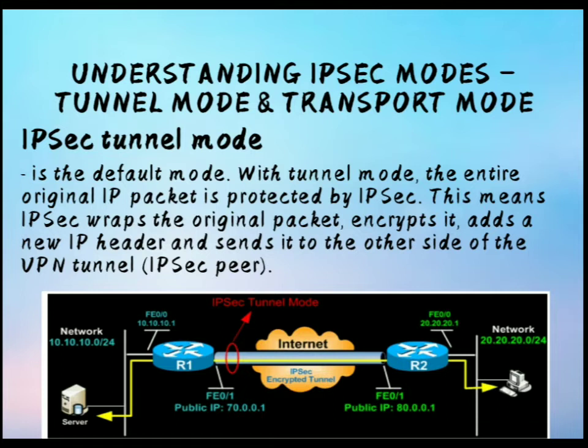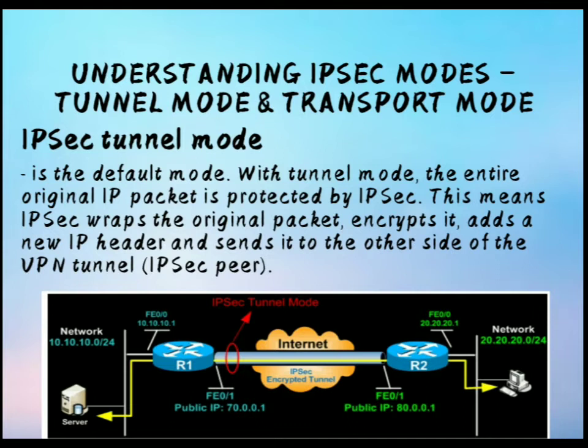When we say IPsec tunnel mode, it is the default mode. With tunnel mode, the entire original IP packet is protected by IPsec. This means IPsec wraps the original packet, encrypts it, adds a new IP header, and sends it to the other side of the VPN tunnel or the IPsec peer.